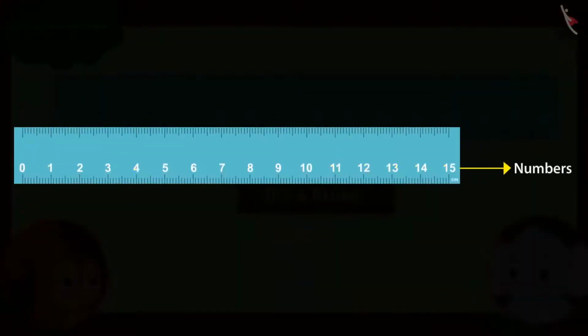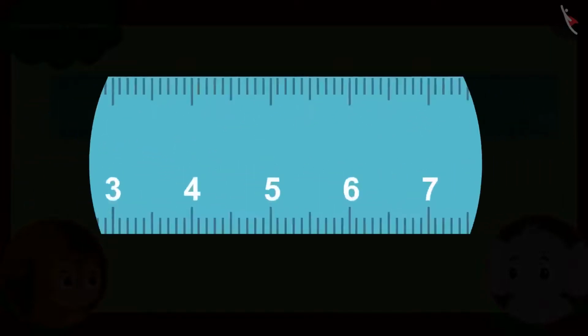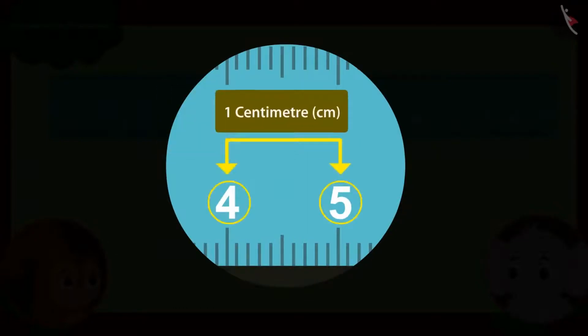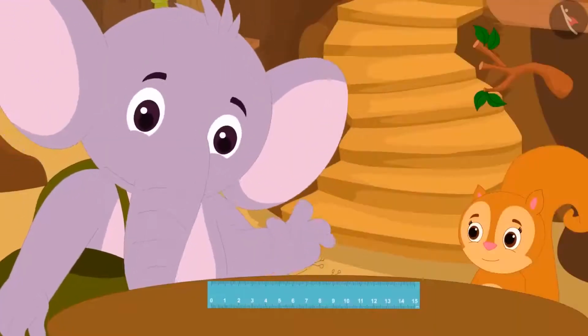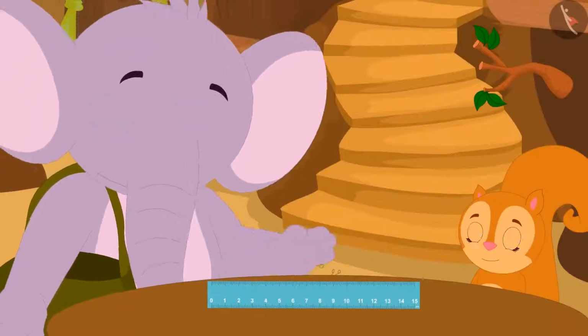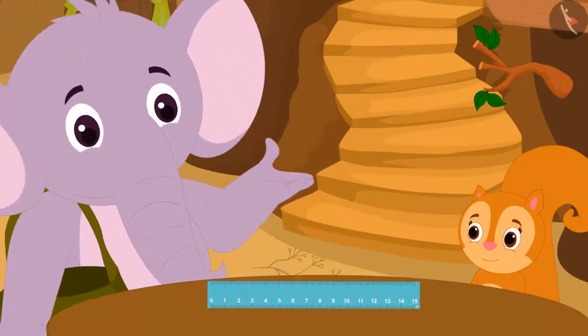Can you see the numbers written and these lines drawn on it? The difference between any two consecutive numbers written on it is equal to 1 centimeter. Appu then asked Chanda to collect some items from her house whose length she wanted to measure.